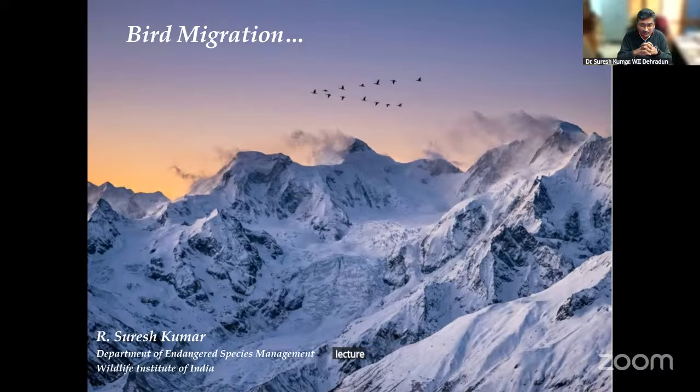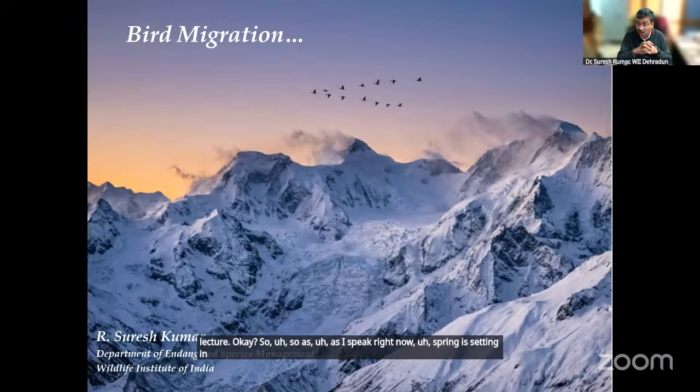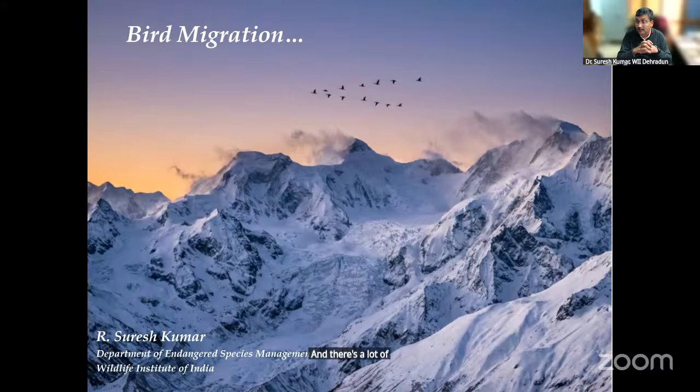Okay. So as I speak right now, spring is setting in here in Dehradun, and there's a lot of birds that have started to vocalize, sing, actually, and they are just getting ready for their breeding season. And with that, I'm seeing quite a few birds that are returning back from southern India, possibly from where you're sitting, Devika.